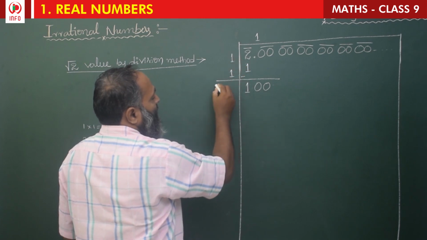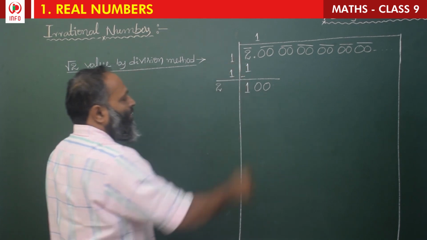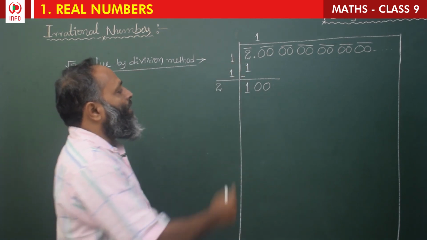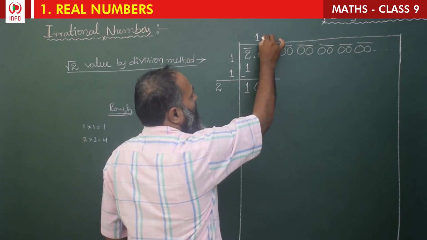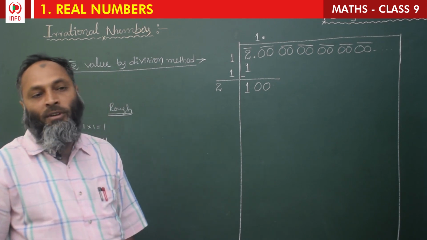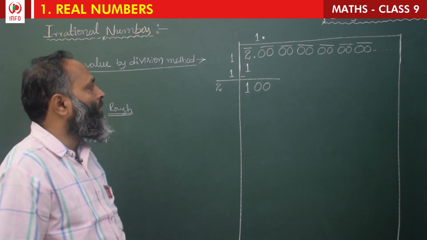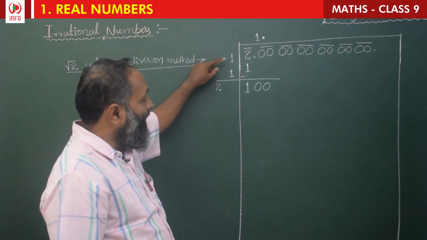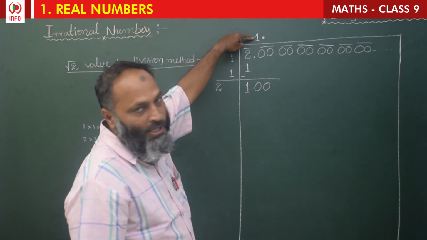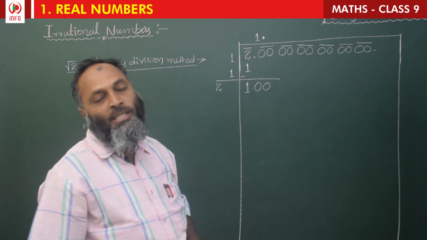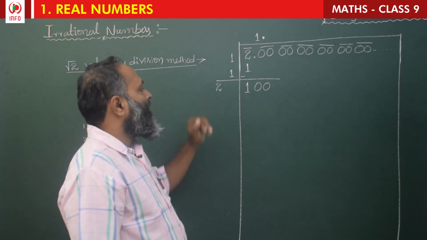So 1 plus 1 is 2. Here we keep the decimal point: 1 point. Whatever quotient is there, we should add at each and every step. So here 2.